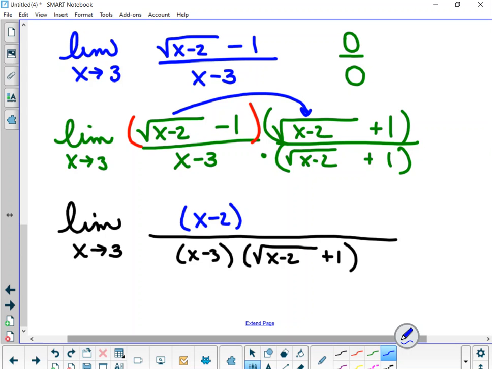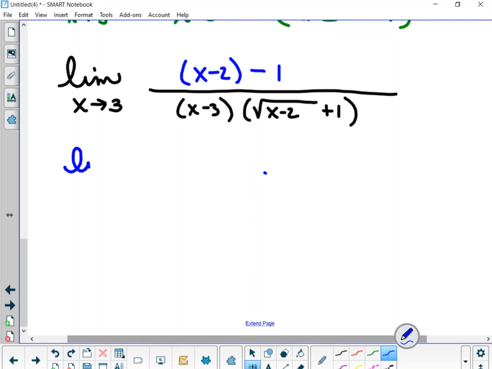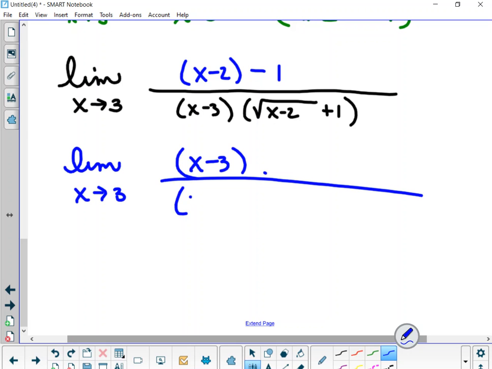When I multiply conjugates, the O and the I, the outside and the inside of the FOIL, add out to 0. A squared minus b squared is the result when I multiply a minus b and a plus b, two conjugates. So this is the limit as x approaches 3 of x minus 3 over x minus 3 times square root of x minus 2 plus 1.